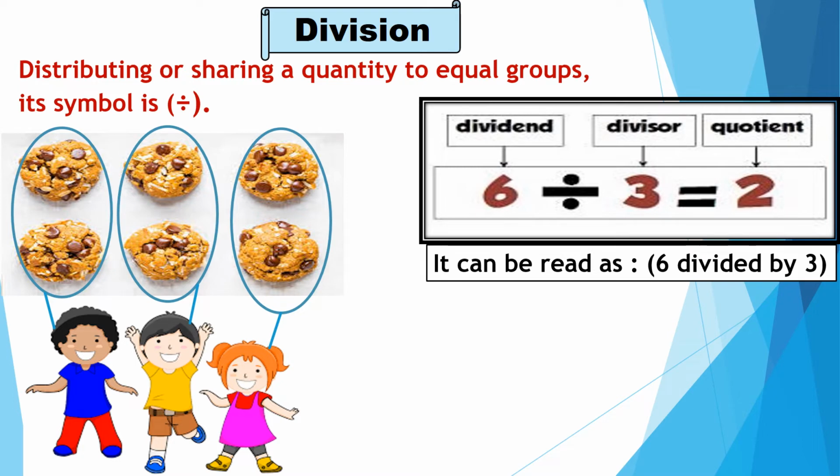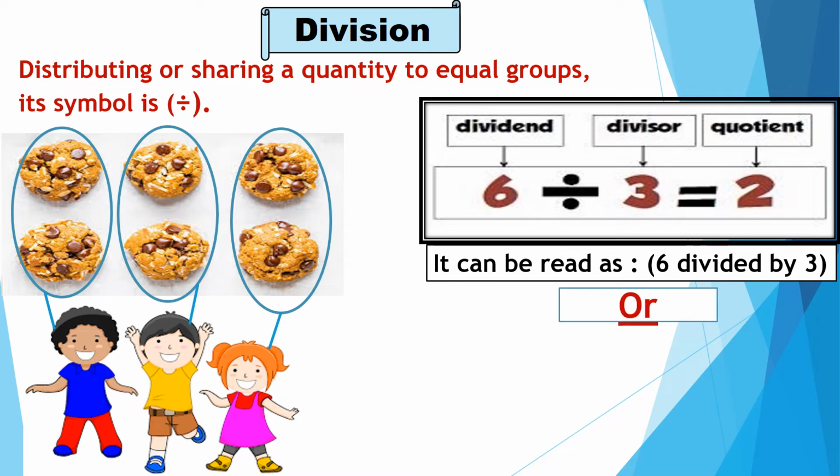Here in division we have dividend, divisor, quotient. The first number is called dividend, the second number is called divisor, and the third is called quotient.